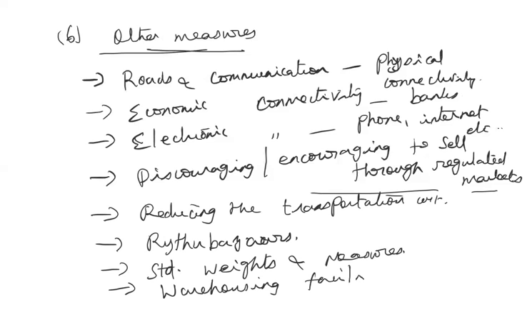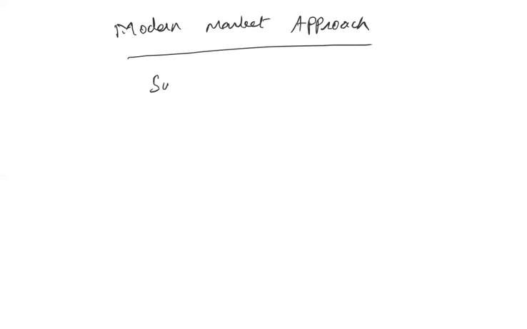So in all these areas, wherever possible, the government is undertaking all those steps. And apart from all this, what is happening currently is the modern market approach. Currently we have seen the supermarket revolution.